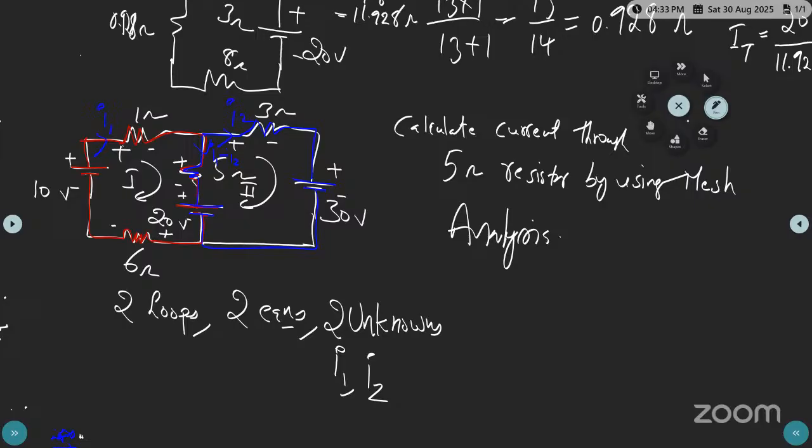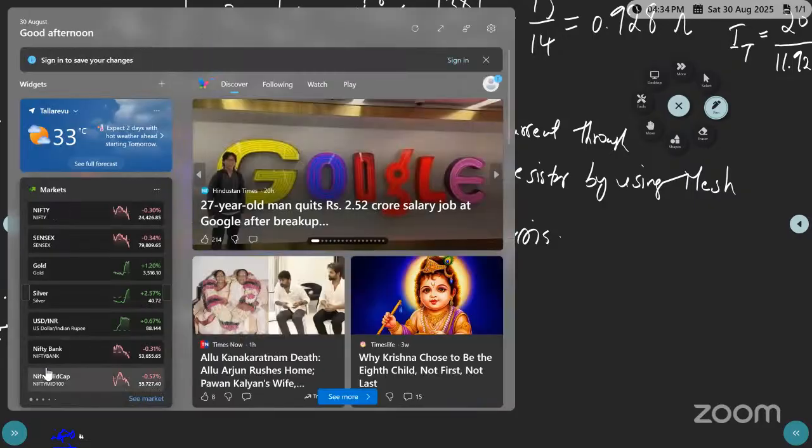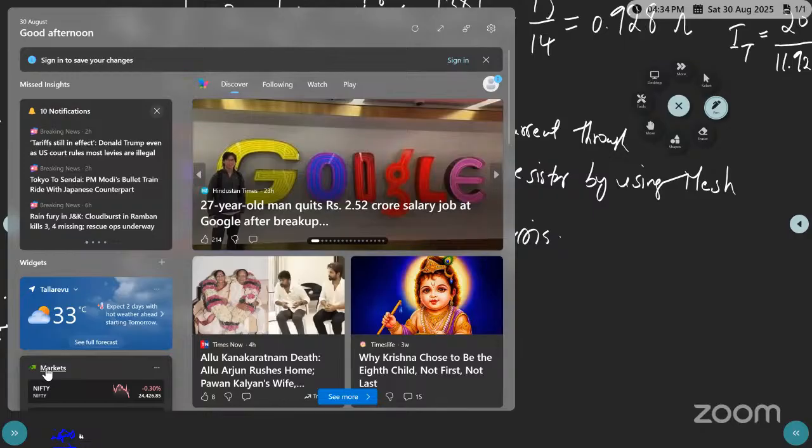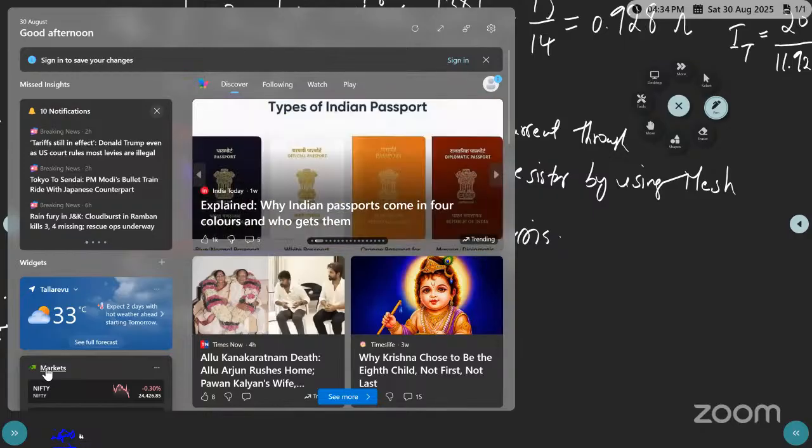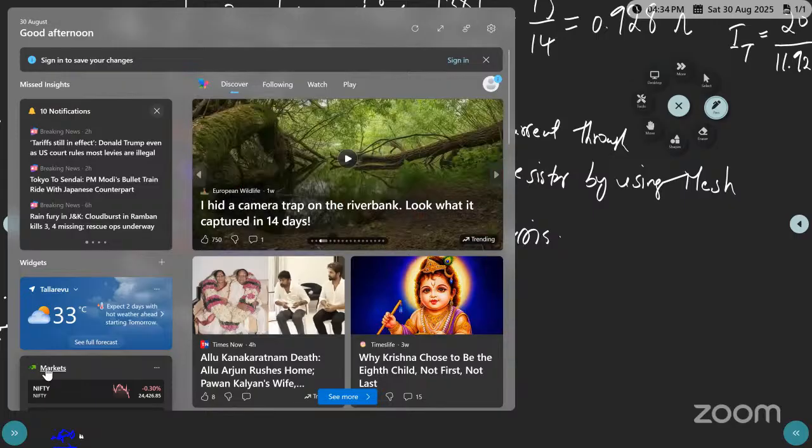Add all the voltages across the elements, and it will become 0. That is KVL. If you know the value of V, you write down V. If you don't know the value of V, you write it as I into R. V equal to V or V equal to IR. Write down by traveling in a clockwise direction.